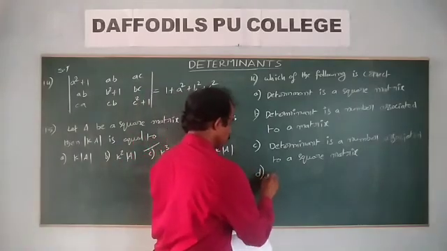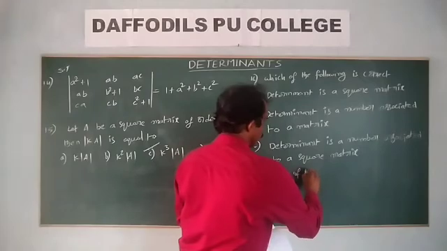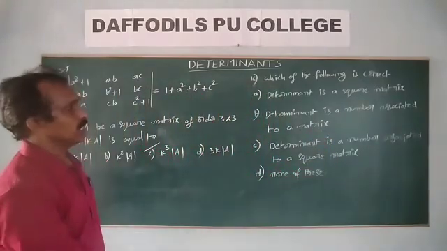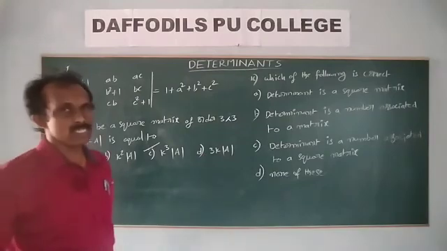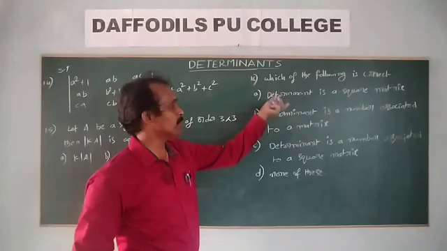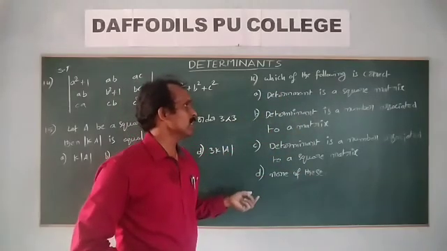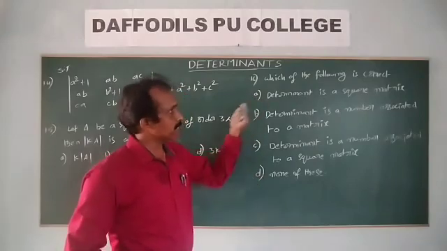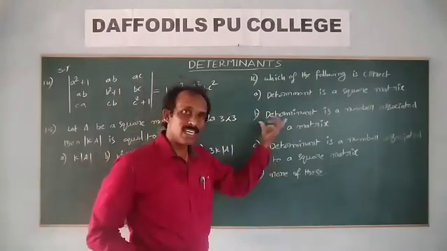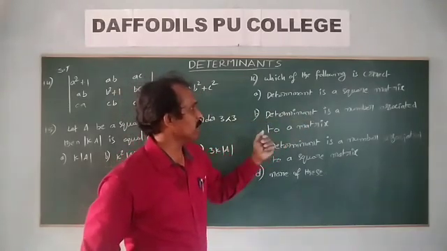Fourth option: none of these. So this is another multiple choice question. We'll try this problem using the concept. Once you observe the definition of the determinant, and revise for what type of matrix you consider a determinant, you see that a determinant is a number.